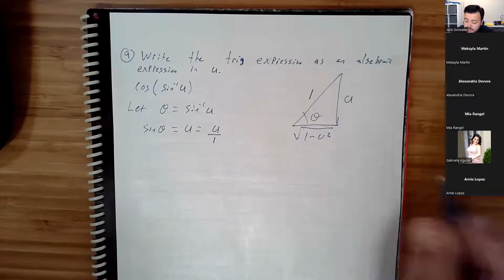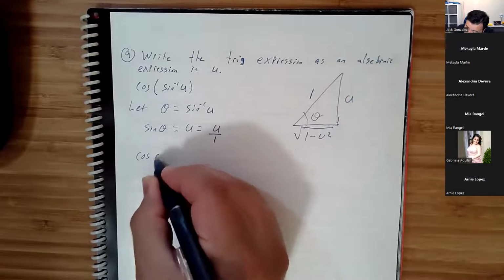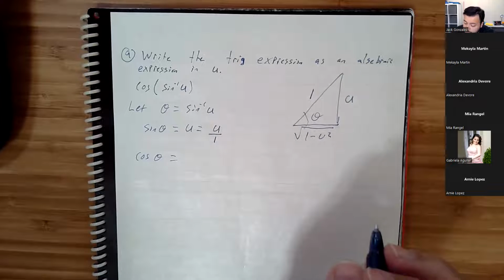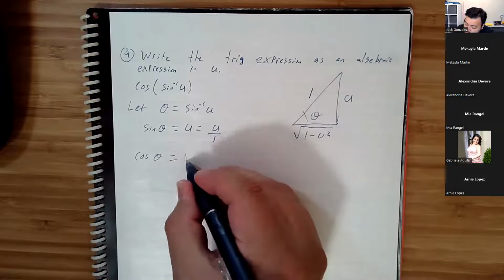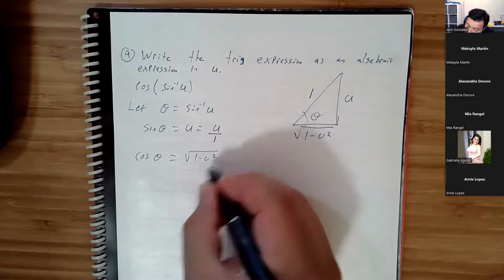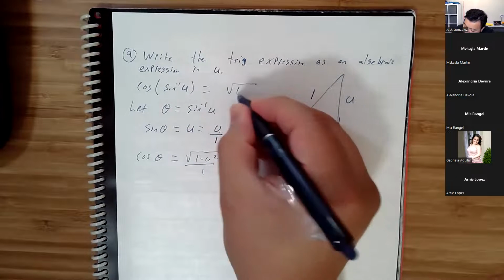So essentially, once you let this substitution happen, what they're really asking you to do is find cosine. Right? Cosine is adjacent over hypotenuse, which will be 1 minus u squared over 1. So this question is actually this.